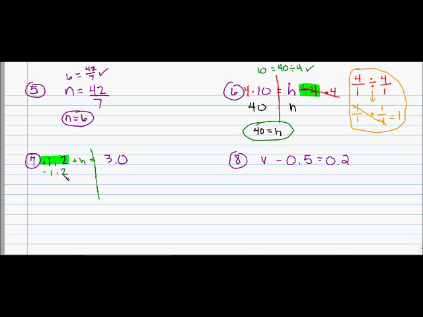So I really want you to focus on the numbers. If there's no number here, now you can see why you need to focus on the numbers. If I subtract by 1 2/10 on this side, I have to subtract by 1 2/10 on this side. But Mrs. Chapman, I can just write 3. Yeah, you could write 3.